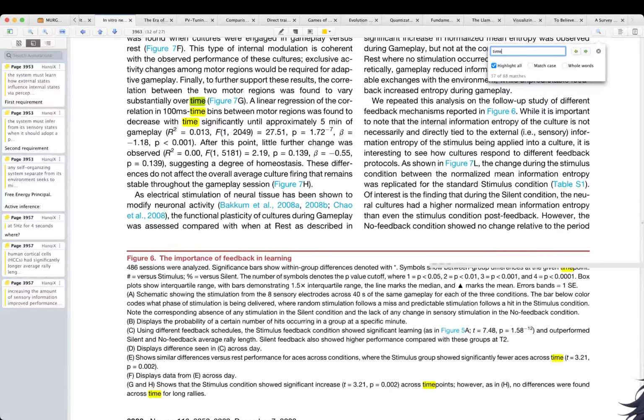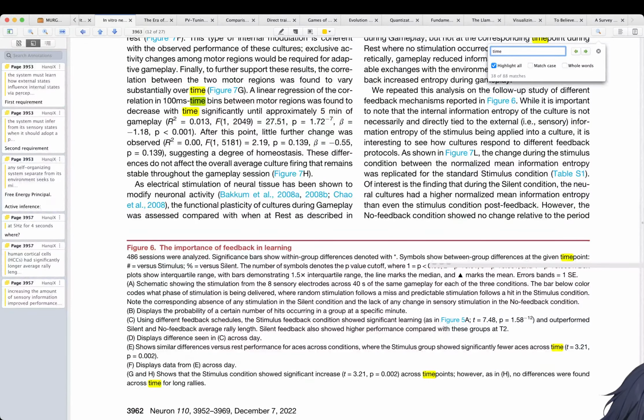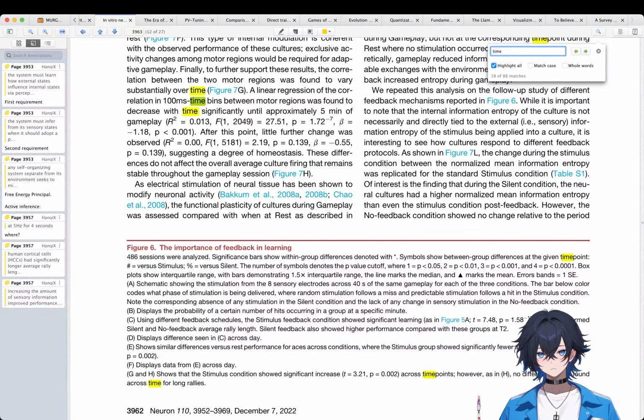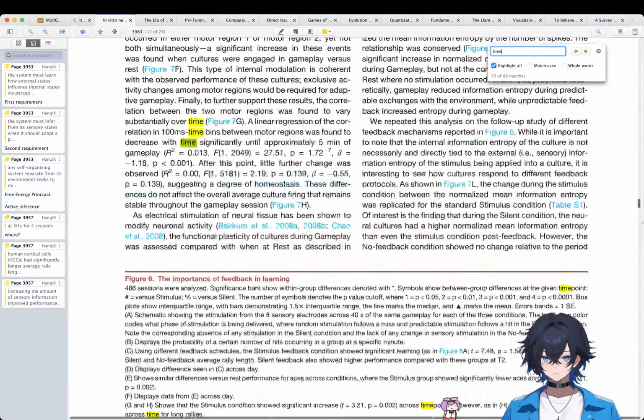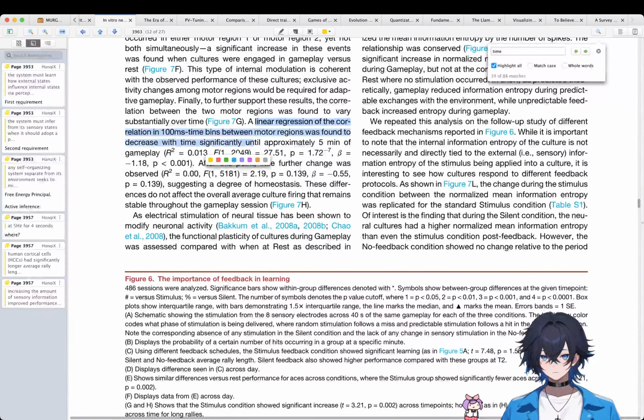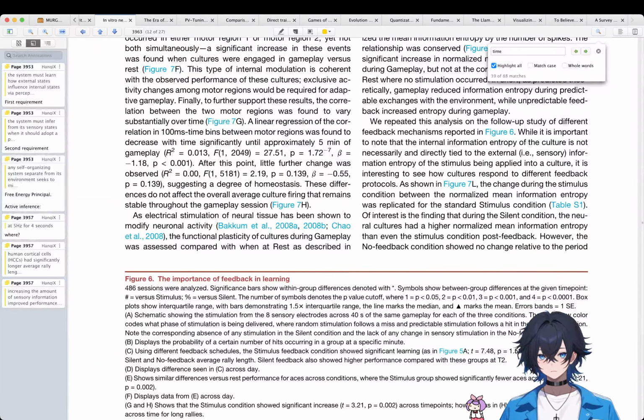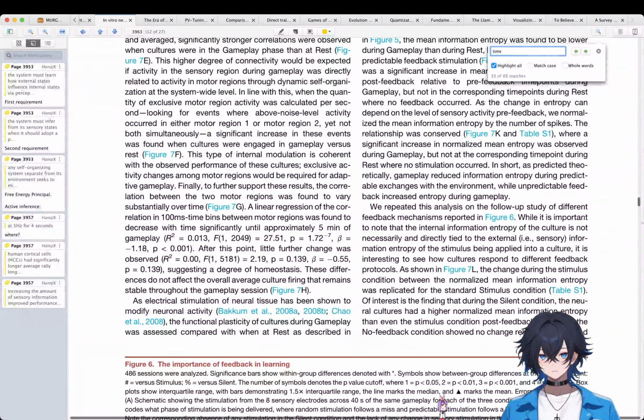What is this? Very substantially over time. Okay. Oh, hold on. What's this? A linear regression of the correlation was found to decrease its time significantly until approximately 5 minutes of the gameplay. After this point, we're trained in 5 minutes.